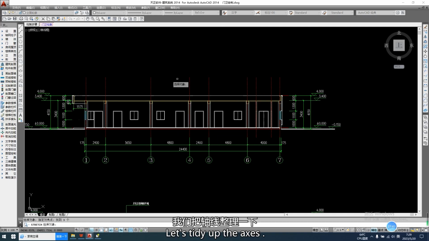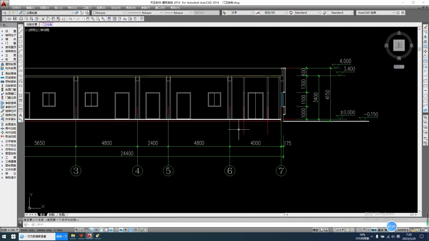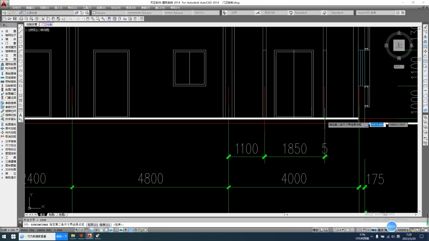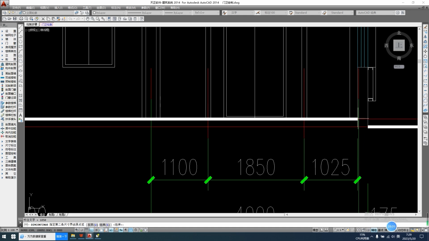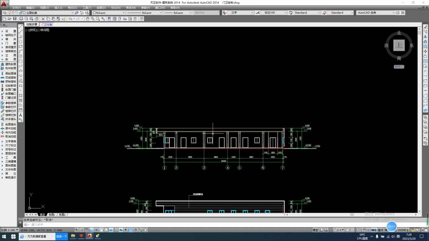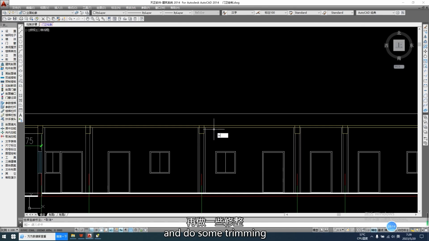Let's tidy up the axes and do some trimming.